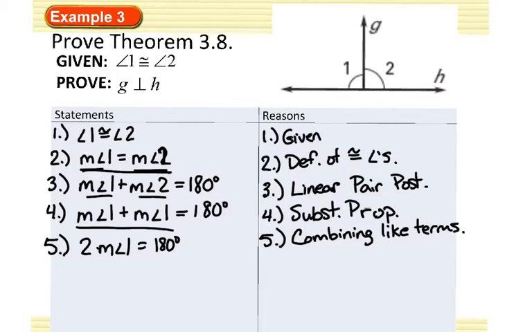And then step 6: divide both sides by 2 and you get the measurement of angle 1 equals 90 degrees, what we were looking for. So that's using the division property.